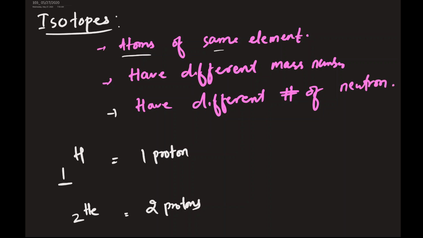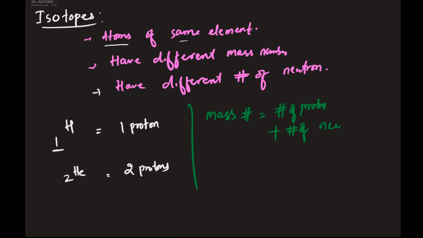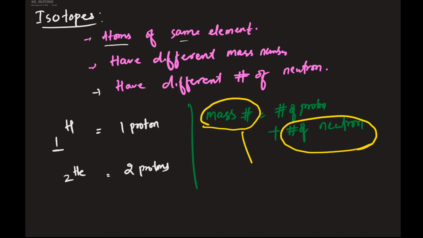So let's have a quick recap. Our mass number is equal to the number of protons plus the number of neutrons. So what changes in isotopes? The mass number and the number of neutrons change.